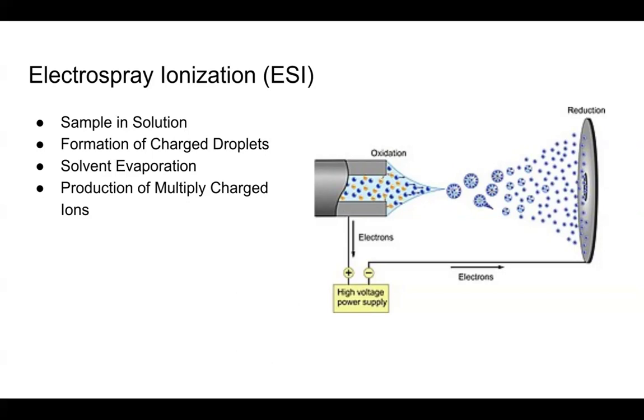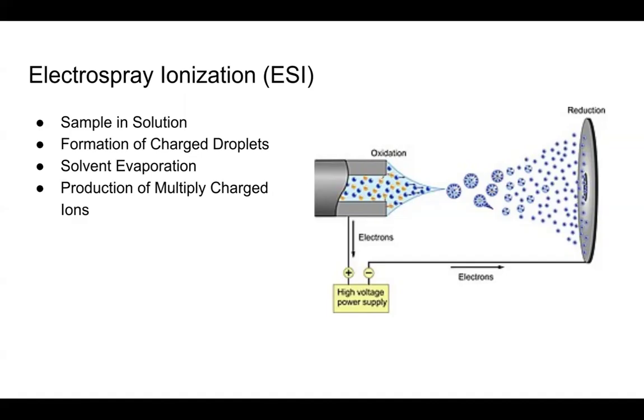From there, charged droplets are formed by applying a high voltage to the tip of the capillary. So this creates a strong electric field that generates a fine mist of charged droplets. So these droplets carry the analyte molecules and are released as a spray.